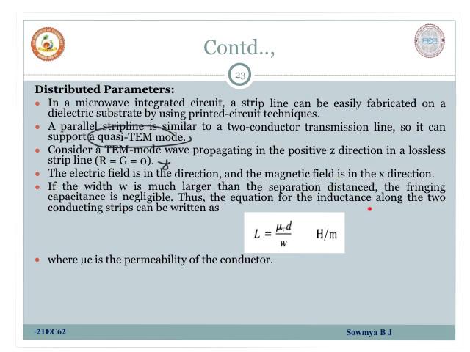The equation for the inductance along the two conducting strips can be given by L is equal to mu c into d divided by W Henry per meter, where mu c is the permeability of the conductor.